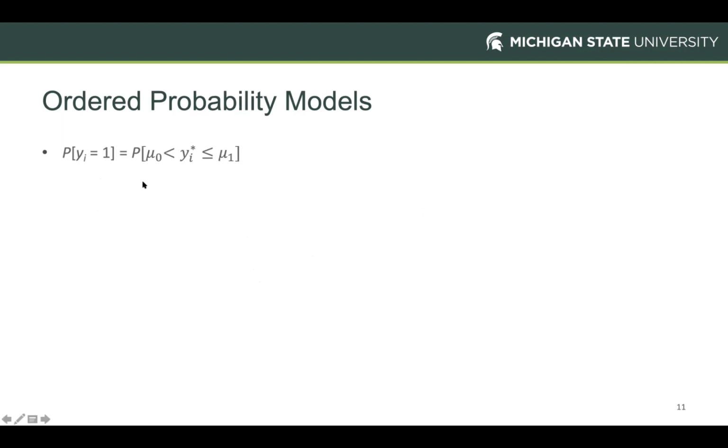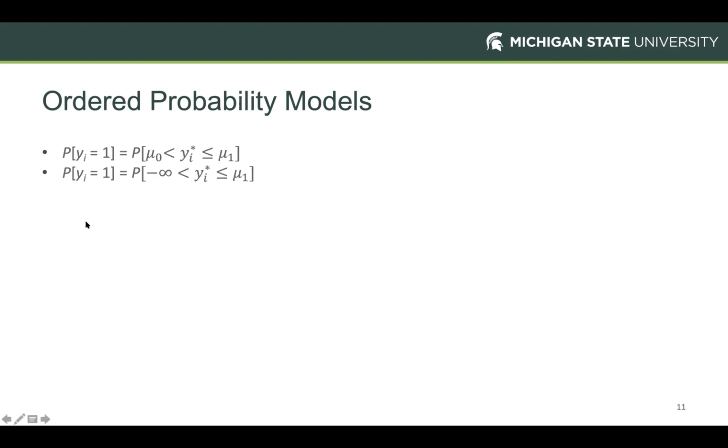Ultimately, we're trying to determine what the threshold values are that would help us reflect the actual shares of the population that fall into each of those 5 categories, okay? If we think about these 5 different values that y can take, y equal to 1 would be the left side of that distribution, y equal to 5 would be the right side of that distribution, and obviously the intermediate values 2, 3, and 4 would fall in between.